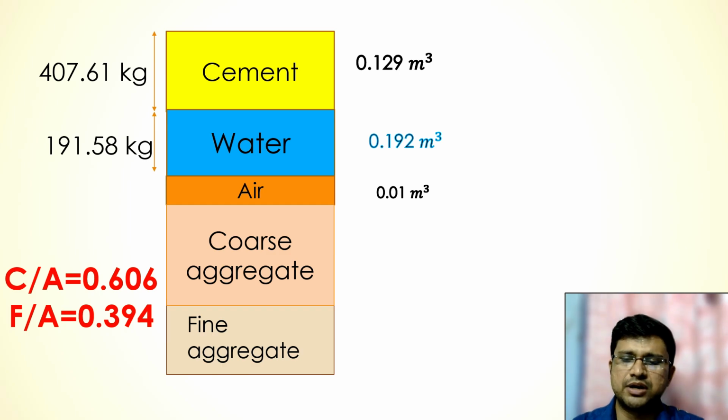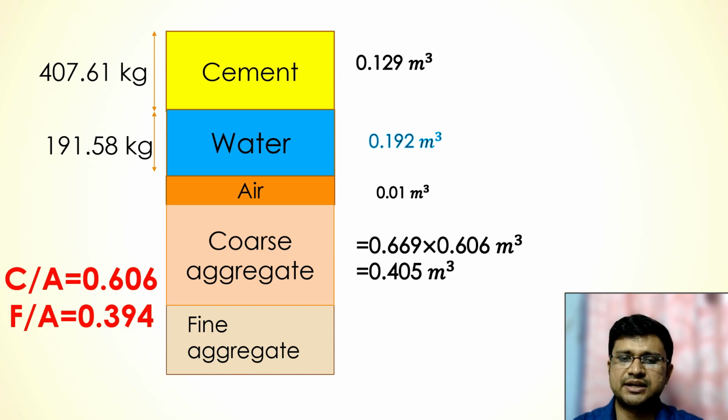After that, we have to calculate the volume of coarse aggregate and the volume of fine aggregate. Now, we know the volume of coarse aggregate by total aggregate ratio as 0.606 and the volume of fine aggregate by total aggregate ratio as 0.394. So if we simply multiply the volume of all-in aggregate with 0.606, then we will get the volume of coarse aggregate.